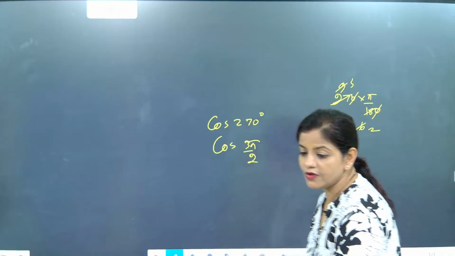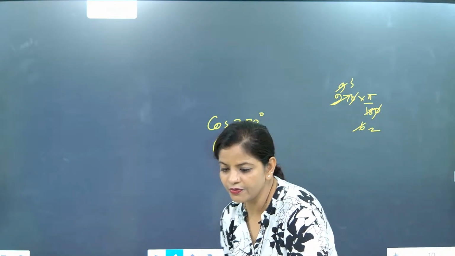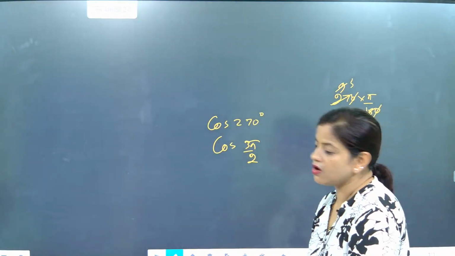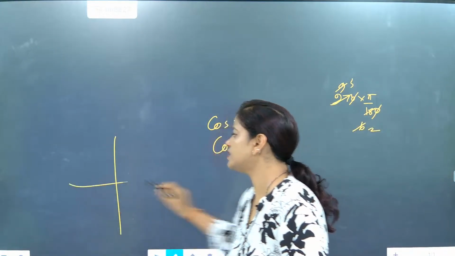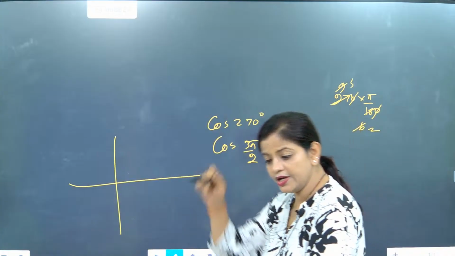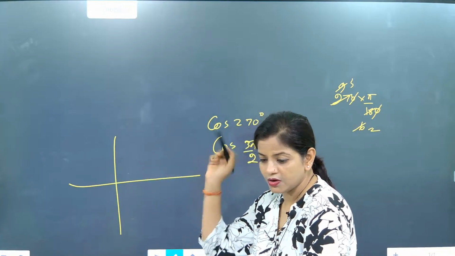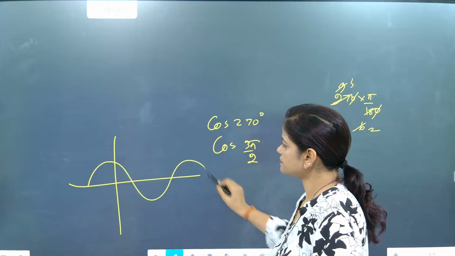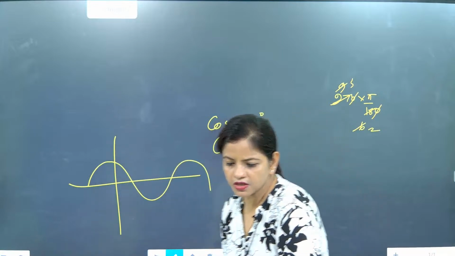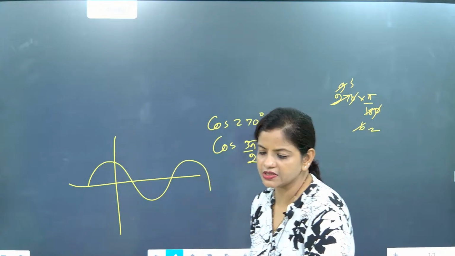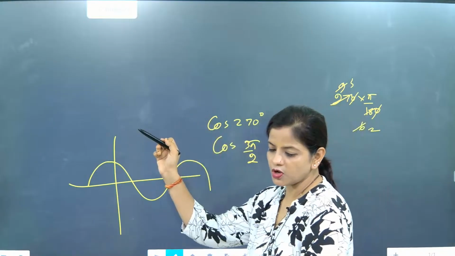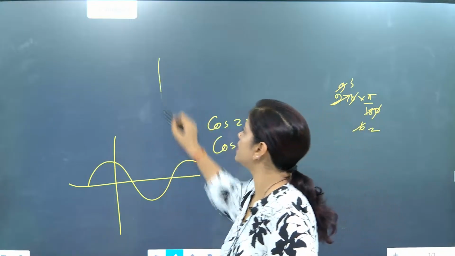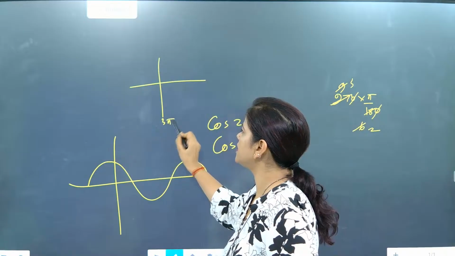And then we will be dealing with the graph, because directly it is coming 270. Cos of 270, if anybody knows the graph, we will not go for the conversion again. If it is falling on any one of the axes, x positive, y negative, y positive, where exactly is it falling? 270 is here, 3 pi by 2.